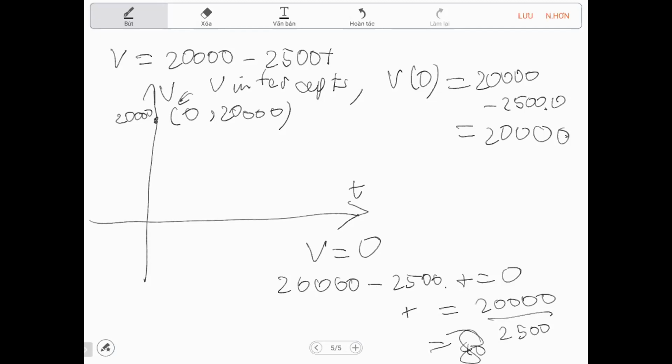Sorry. This is 8 because 10,000 divided by 2,500 is 4, so 20,000 divided by 2,500 is 8. So T equals 8 and V equals 0. This is the T intercept, and you connect these points. The connecting line of these points is the graph for this function, right?